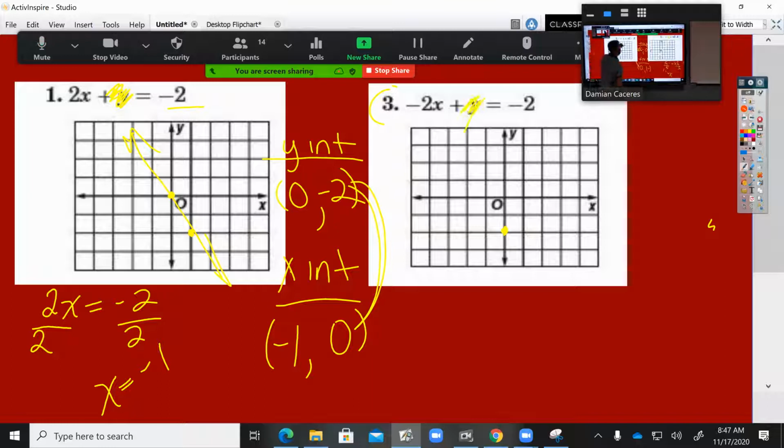We cover the y term and we solve what's left. We have -2x equals -2. How do you solve that? By dividing both sides by the coefficient. x equals +1. So right on the x-axis, on +1, we put a dot. Once you have 2 dots, you draw a line and you have a graph.